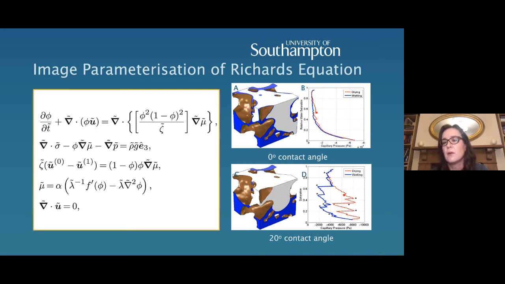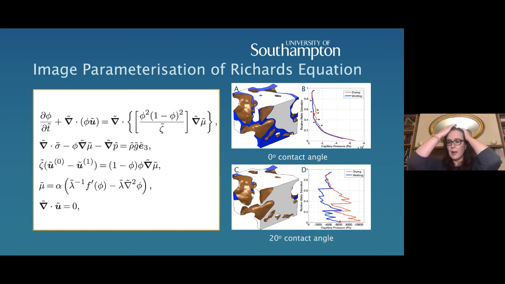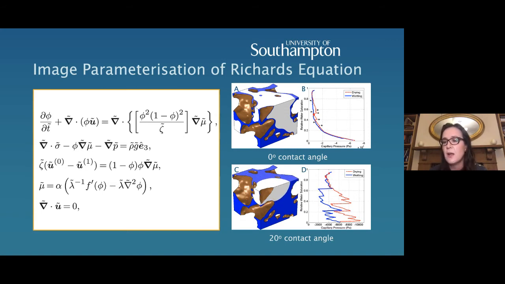But when plants exude organic substances into the soil that change this contact angle by 20%, we see that the hysteresis loop in that rhizosphere changes dramatically. So it becomes much more chaotic, and the wetting and drying behavior has major implications for plant water uptake.